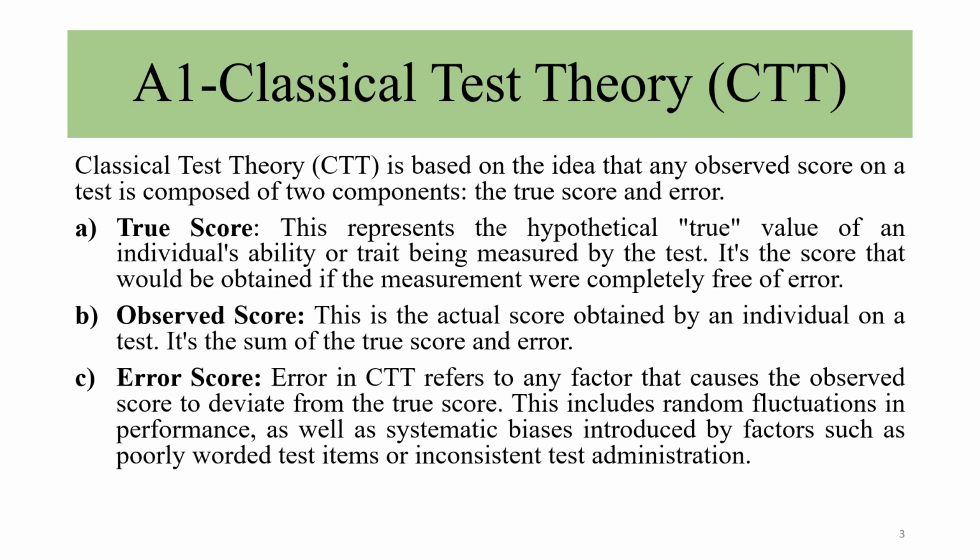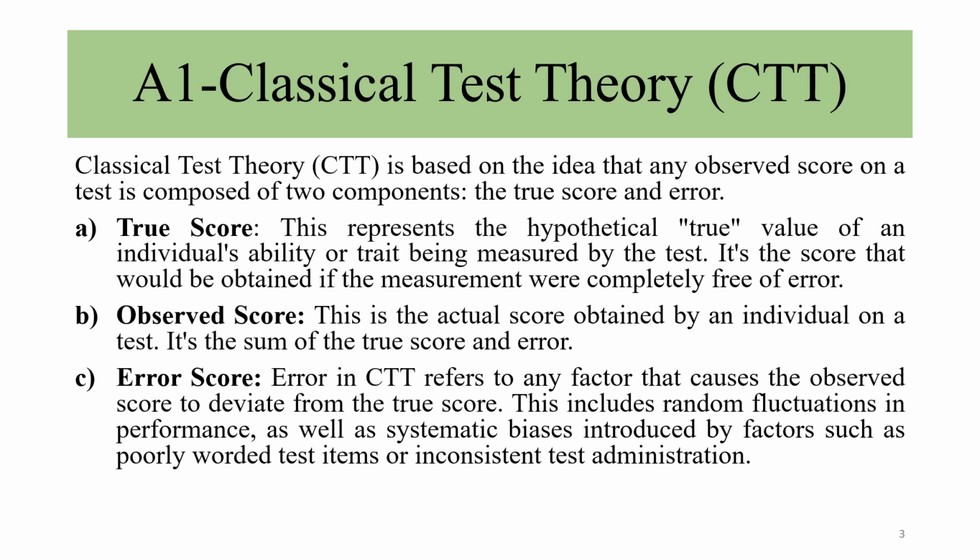A true score. This represents the hypothetical true value of an individual's ability being measured by the test. So it is a hypothetical true score. Why do we call it hypothetical? Because humans cannot measure it directly.